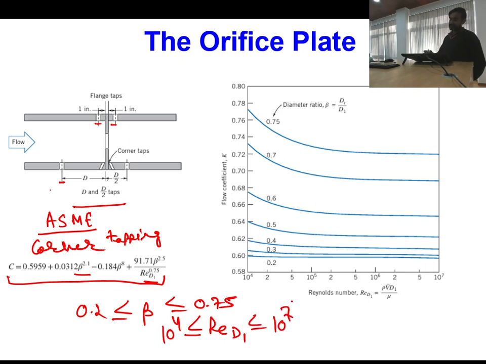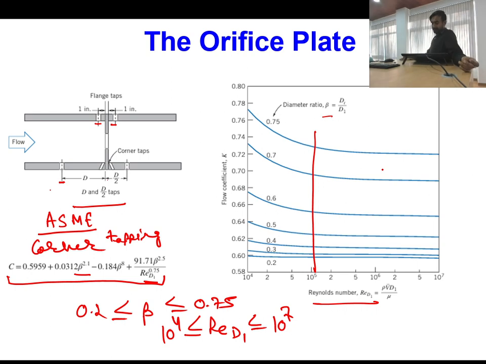The variation of this coefficient is also shown over here as a function of Reynolds number and beta in this graph. One important conclusion is, when your Reynolds number is greater than 10 to power 5, the flow coefficient remains almost constant. But when the Reynolds number is less than 10 to power 5, it has joint dependence on the Reynolds number as well as the beta.